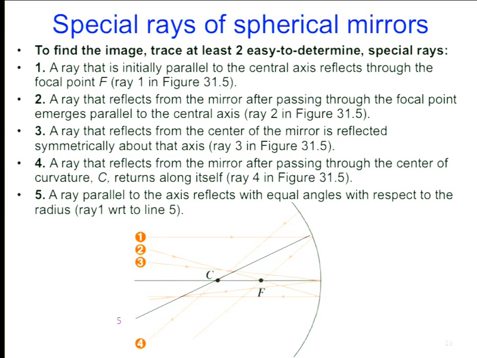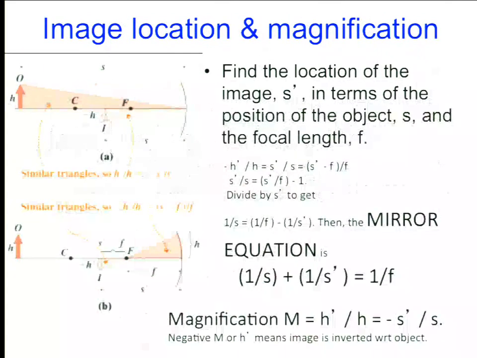Will go parallel. So I should do that one with a different color, perhaps. Again, it's the same idea. The light is reversible. If it passes through the focal point, it'll go parallel. If it goes parallel, it'll pass through the focal point. So depending on what rays you have available to you, if you have 2 or 3 of them, 2 is enough, you can locate the image.